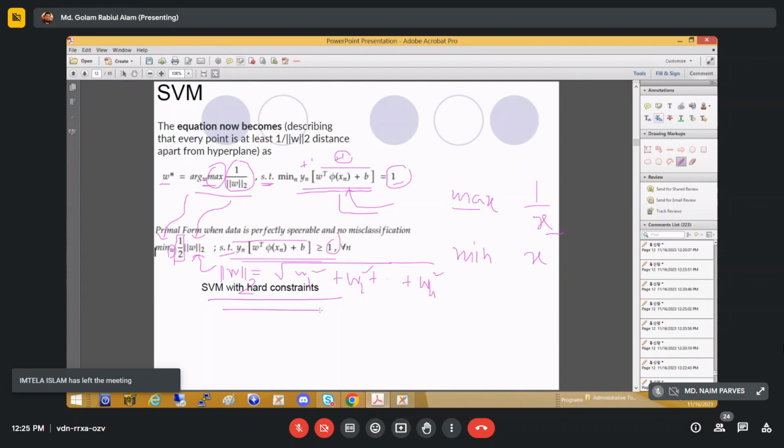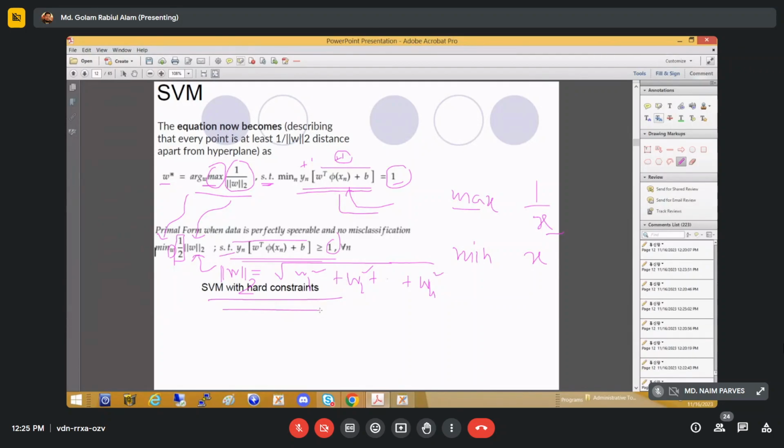But we know that with a hard constraint, sometimes it is not possible, and in that case maybe it will not provide us any solution. That is one problem, and another problem is in training time. If we want to classify 100%, or we want this 100% accuracy, then sometimes your model will be overfitted.